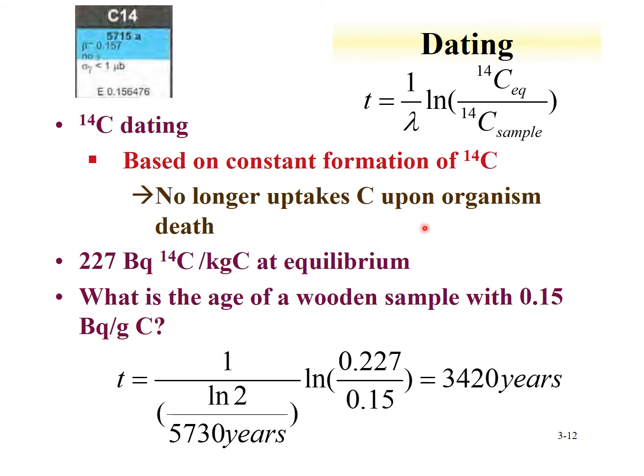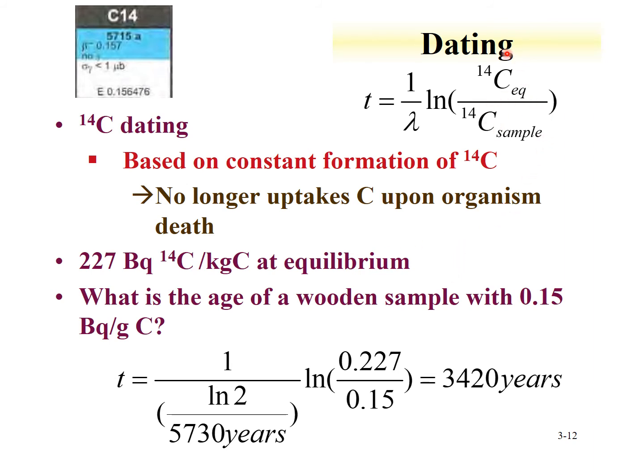If I know the amount of carbon-14 in a certain amount of carbon at equilibrium, so at time 0, and I see how much carbon-14 there is per unit mass of carbon at the current time, one could measure that sample, the sample age.